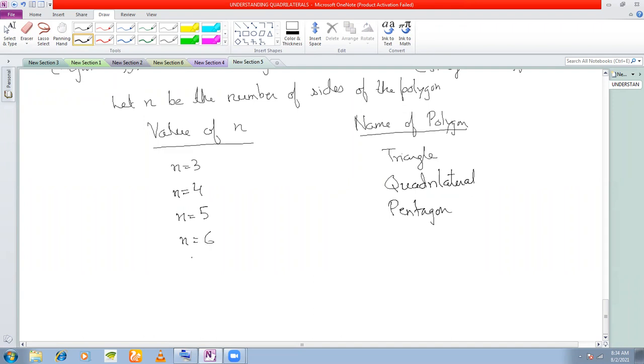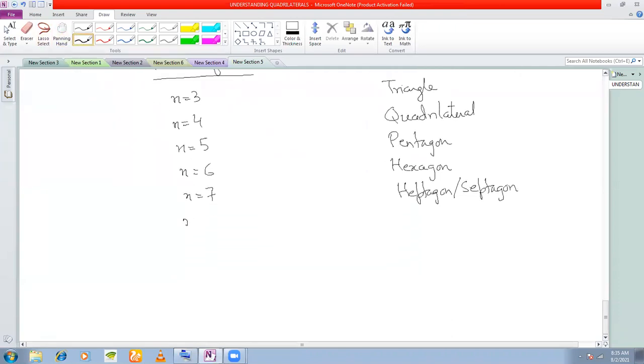N equal to 6, a polygon with 6 sides is called a hexagon. N equal to 7, it is called a heptagon, sometimes also called a septagon. N is equal to 8, it is called an octagon.